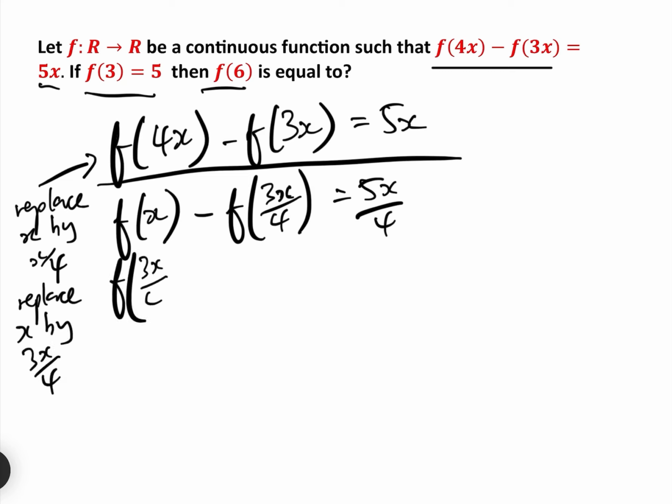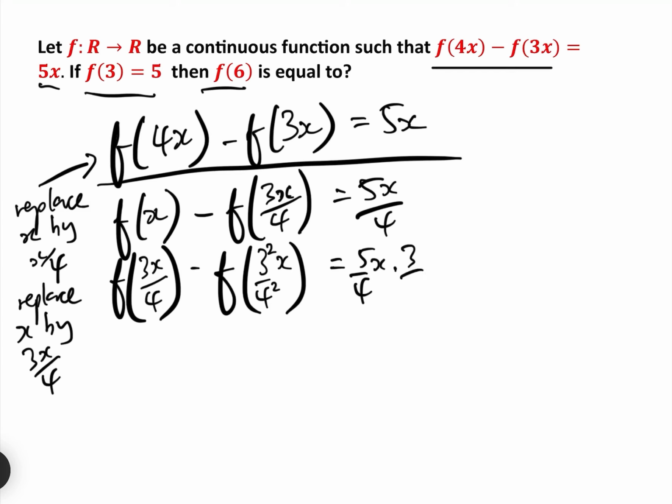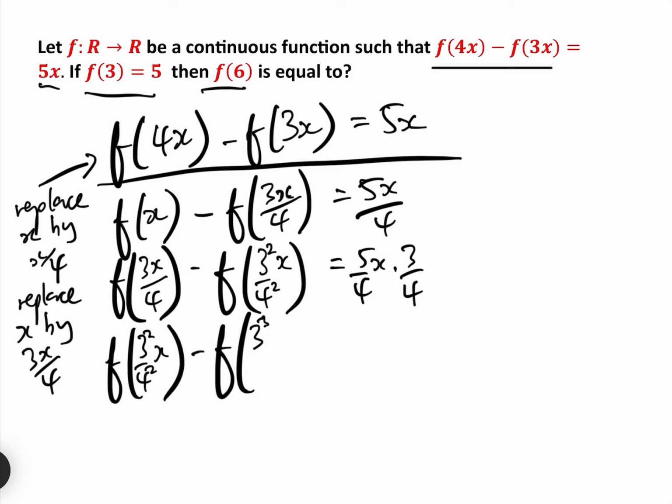So we get f of 3x over 4 minus f of, well, 3x over 4 will be 3 squared over 4 squared x, equals 5 over 4 x times 3 over 4, and then when we replace it again we will get f of 3 squared over 4 squared x minus f of 3 cubed over 4 cubed x equals 5 over 4 x times 3 over 4 squared.